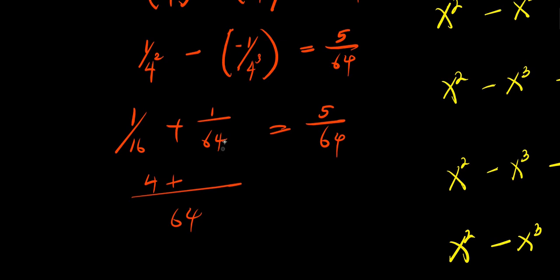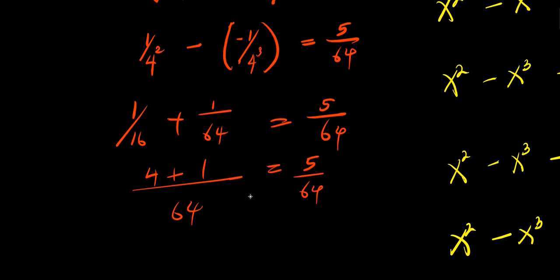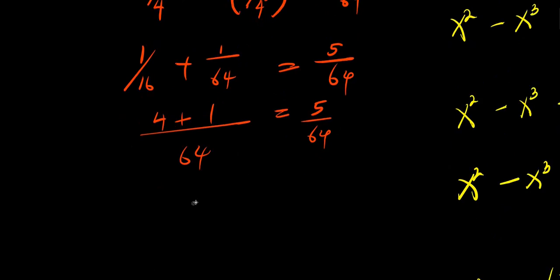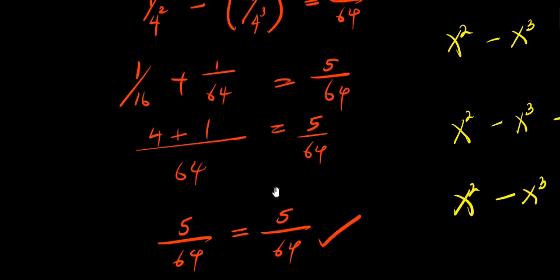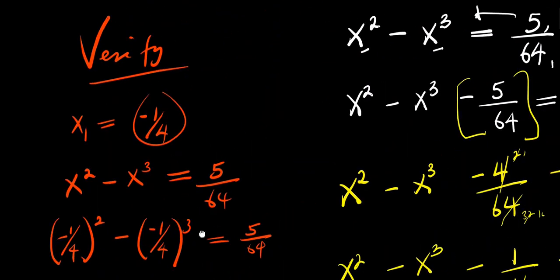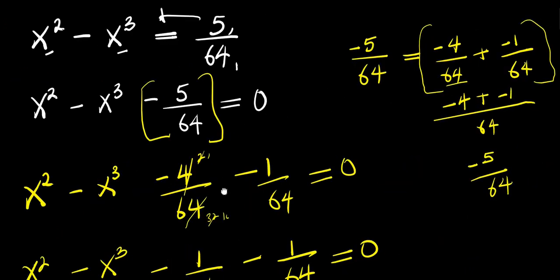This 64 divides 64, that is 1. 1 times 1, we have 1, equals 5 over 64. 4 plus 1, that is 5. We have 5 over 64 equals 5 over 64. That is it. You can as well check for the other complex values, but we might not be doing that.